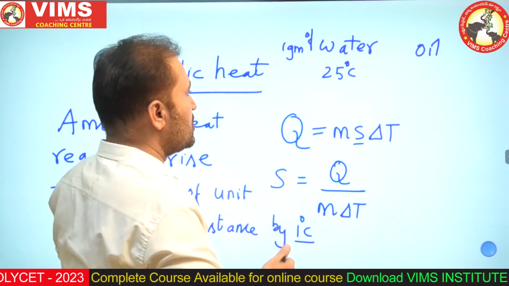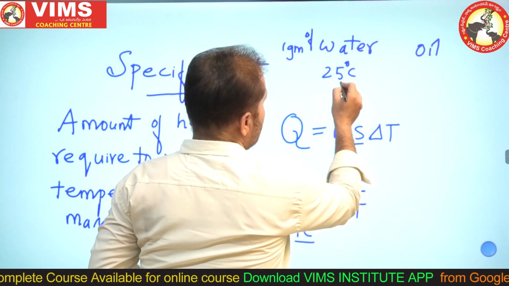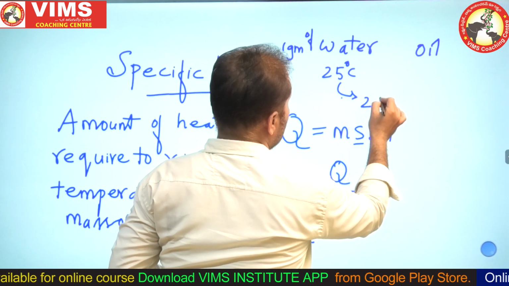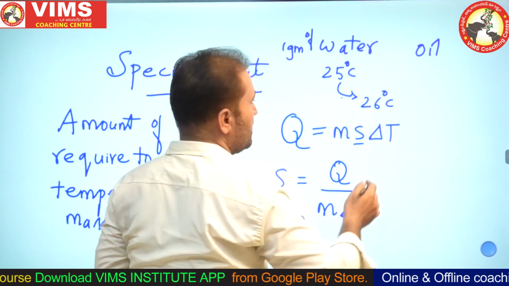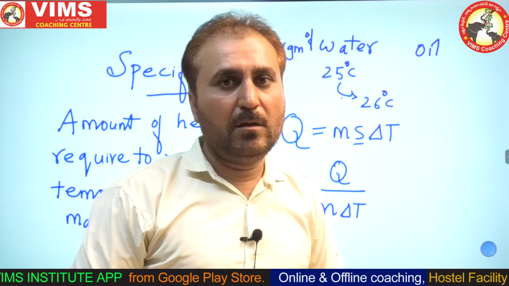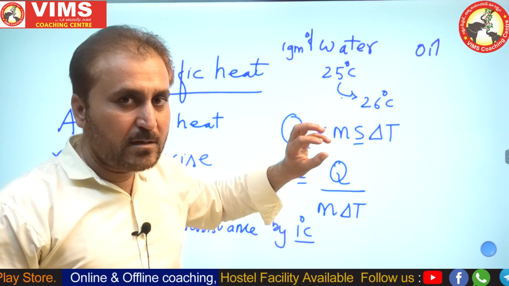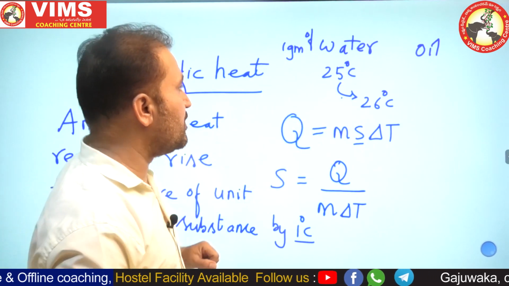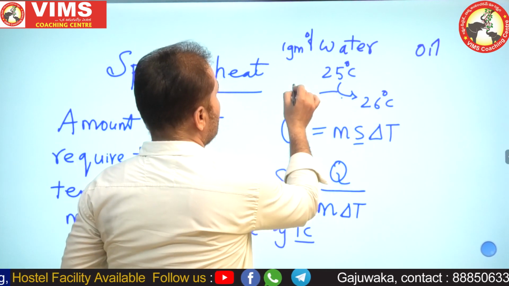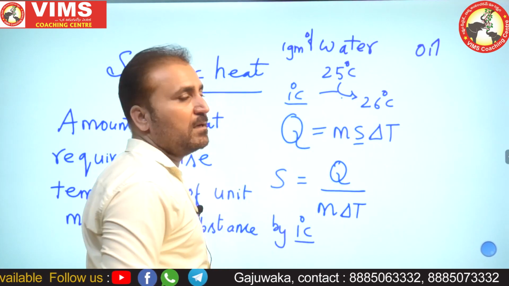Now I heated this water and its temperature has increased from 25 to 26 degrees Celsius. Now can you tell me how much the difference in the temperature is? The difference in the temperature is 1 degree Celsius.